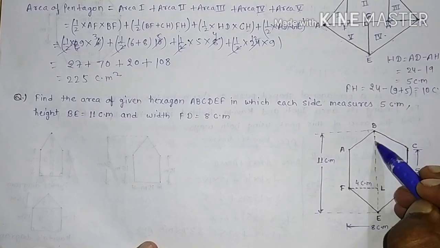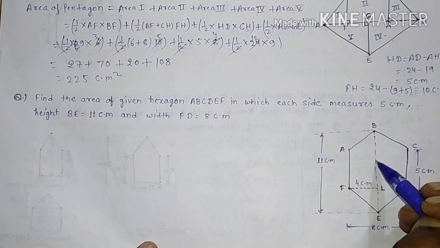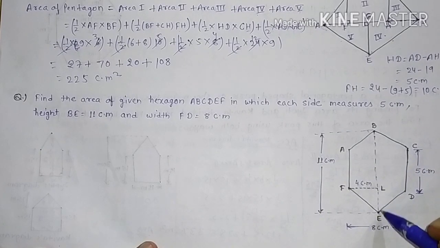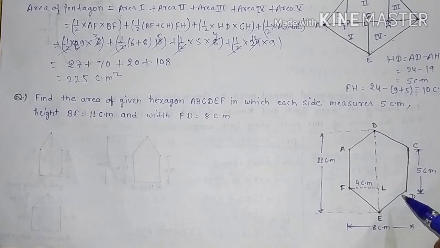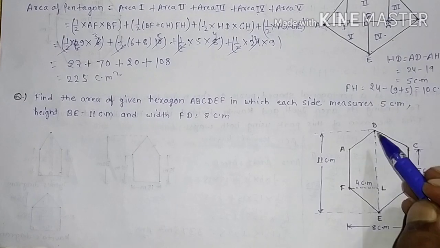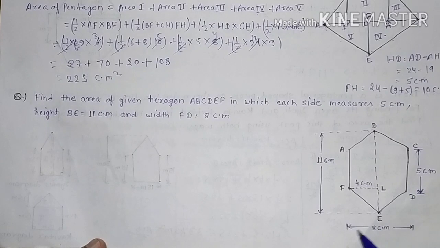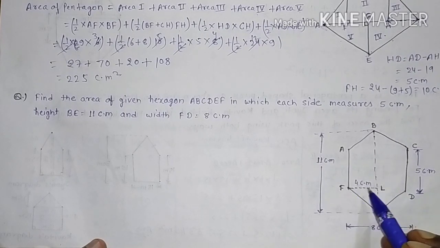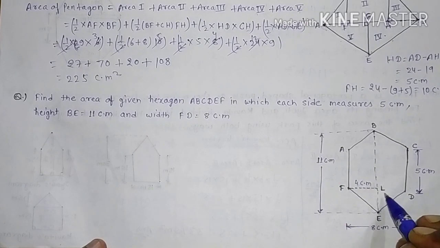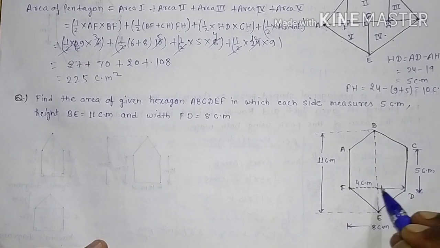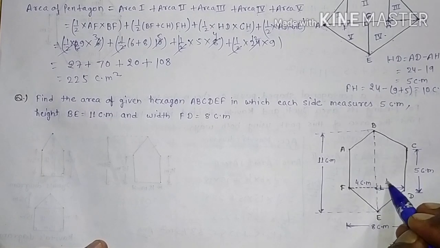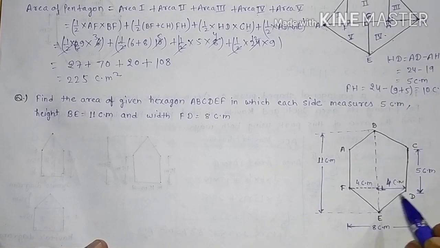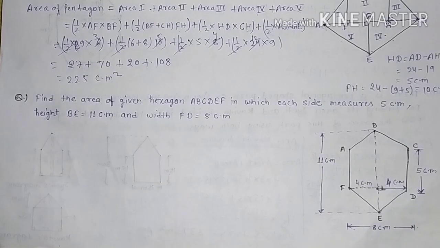Simply, a line which is BE has divided the hexagon into equal parts, you can say. Why am I saying BE divides it into equal parts? Because the total breadth is given as 8 centimeter and FL is 4 centimeter, then this width will also be 4 centimeter, because 4 plus 4 is 8 centimeter.